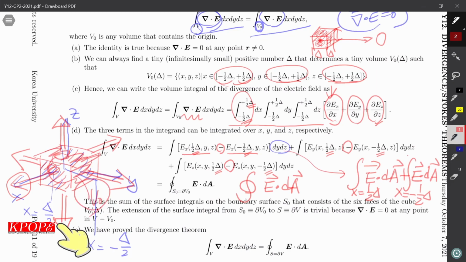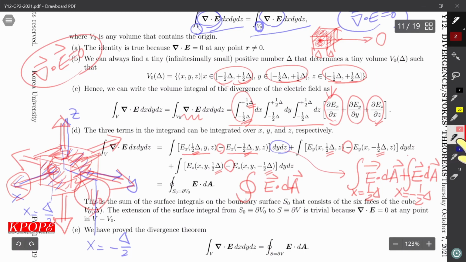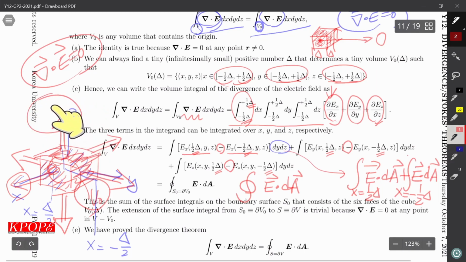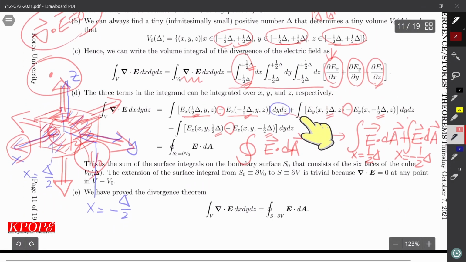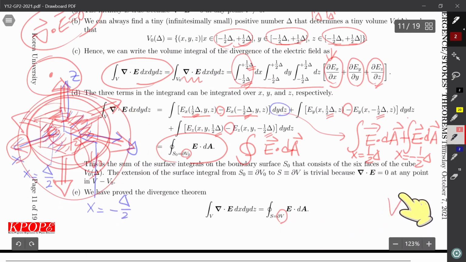Because divergence E equals 0 everywhere except for the origin, we can modify this closed surface in arbitrary shape as long as this volume contains the origin where the charge is placed. Therefore, we have proved that this one is the same as this, and then this volume integral is extended to the wide area. The surface integral can be extended to everywhere as long as this volume V includes the point charge Q.